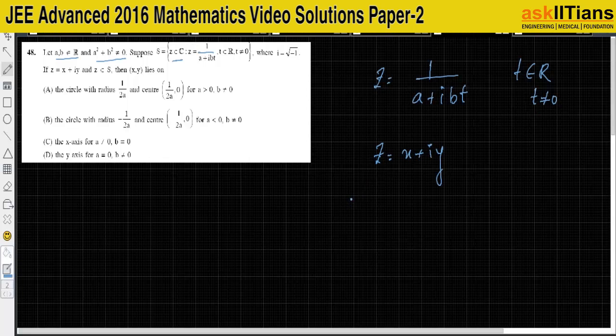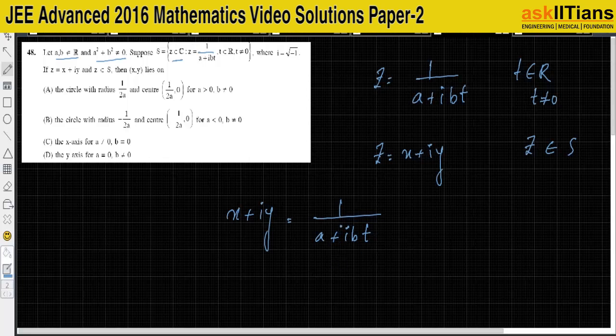Okay, this is also given. If z is some element of S, then x comma y lies on. Alright, so it's given that z is x plus iota y, and also it is given that z is picked up from this set. Okay, so I need to solve this, right?